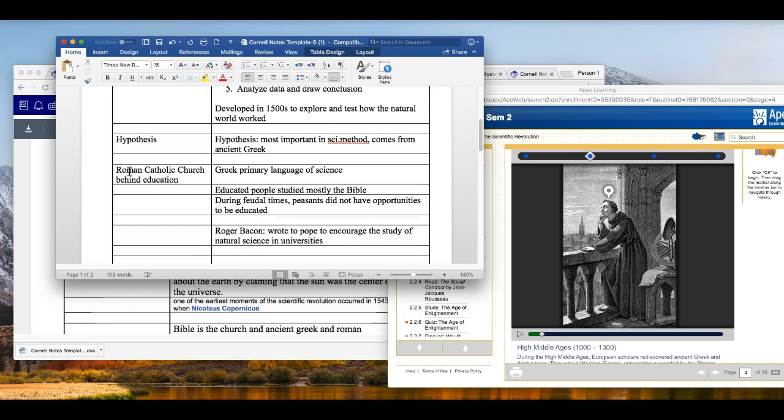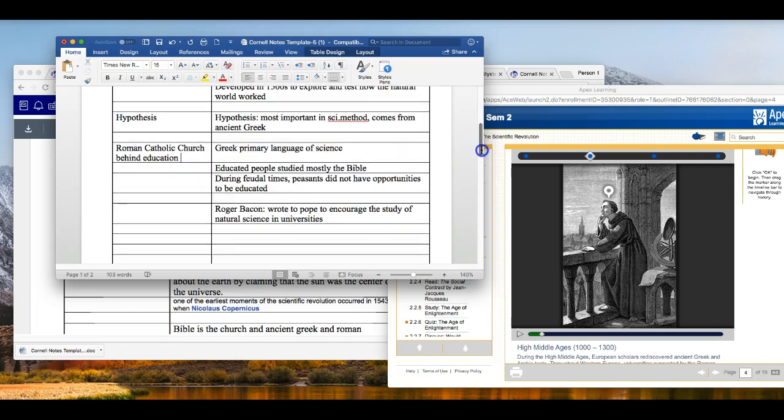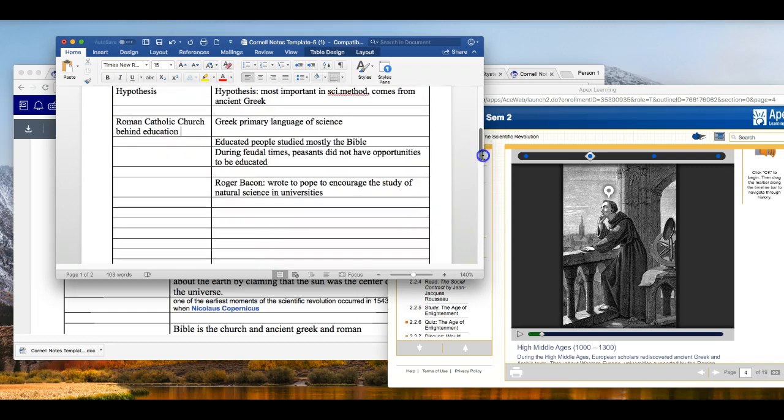You could use the word scholarship, you could use the word learning, but the big idea here is that they had to get permission from the Roman Catholic Church to even continue with scholarship and learning. Hence comes in Roger Bacon.